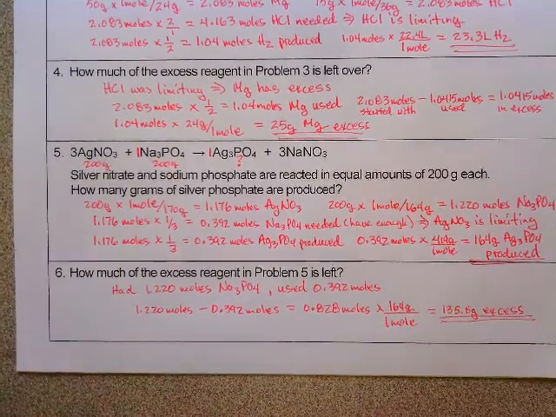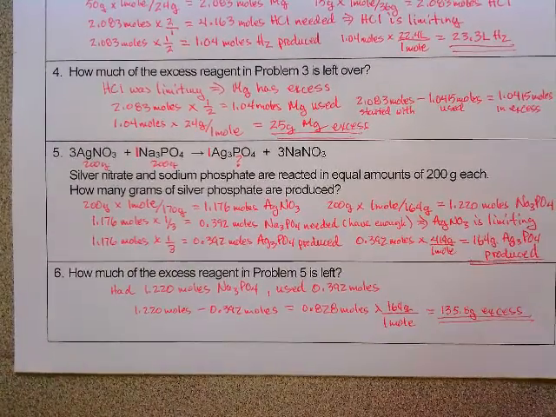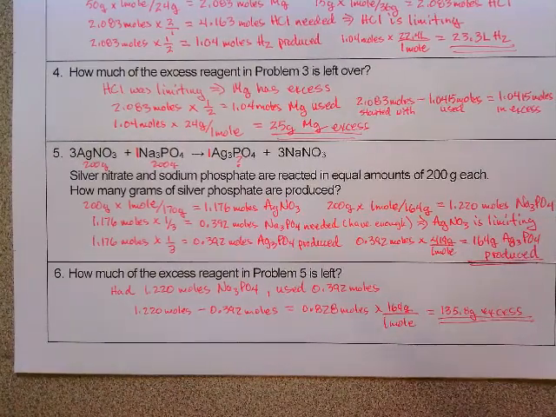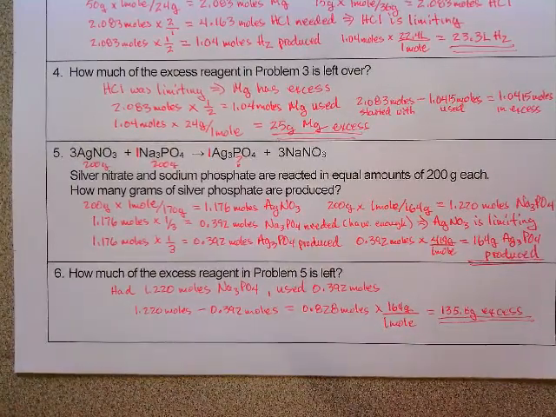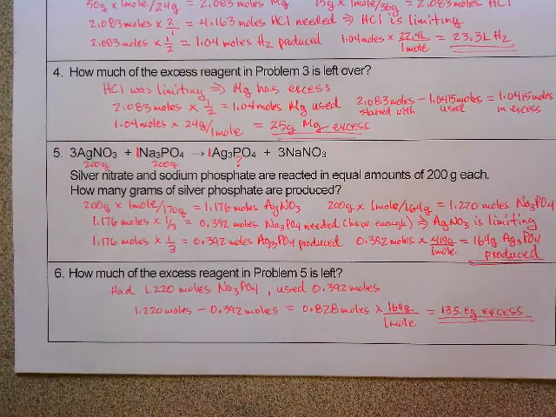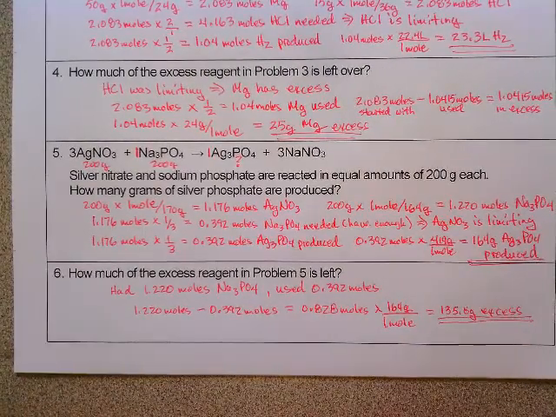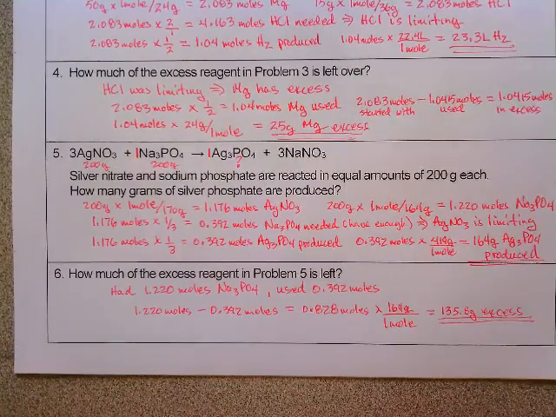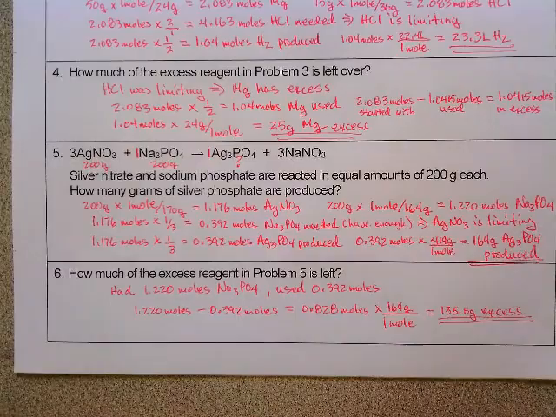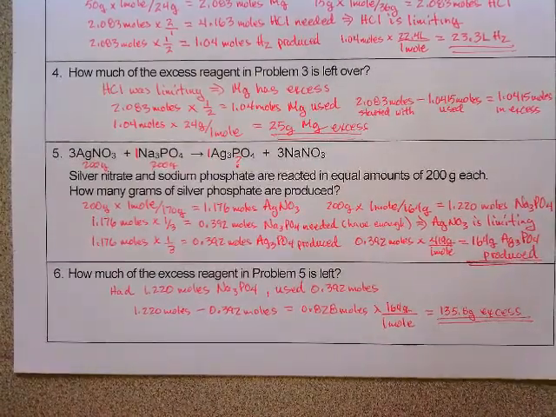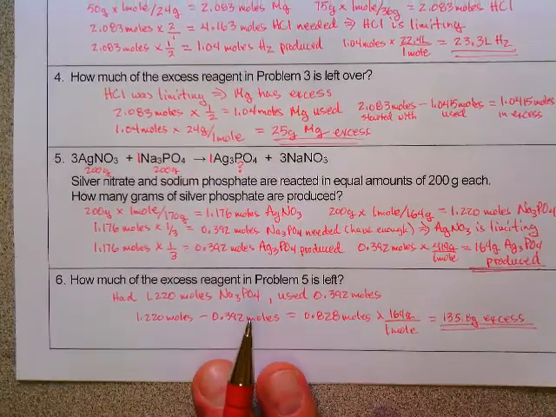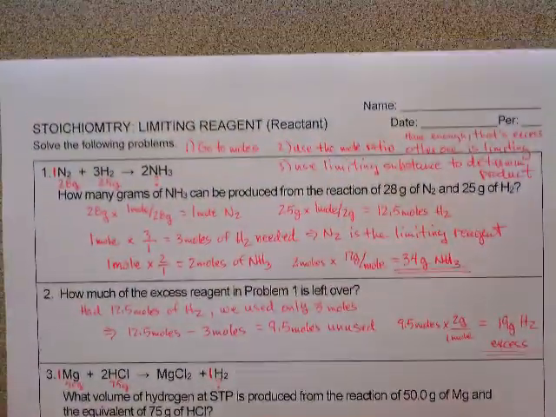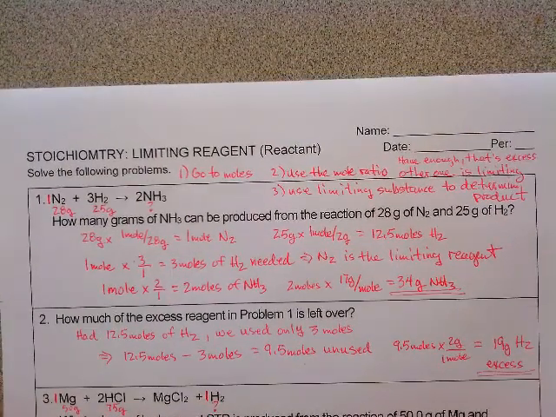And so that's one way to look at it as well. Now, the key to all of these problems is, and really there's only two possibilities. One of the possibilities is I have just the right amount of both of them, in which case they both get used up in their entirety and I have no excess. Or one of them limits and the other one has excess. And so in all of these problems we had one of them limited and the other one was in excess.